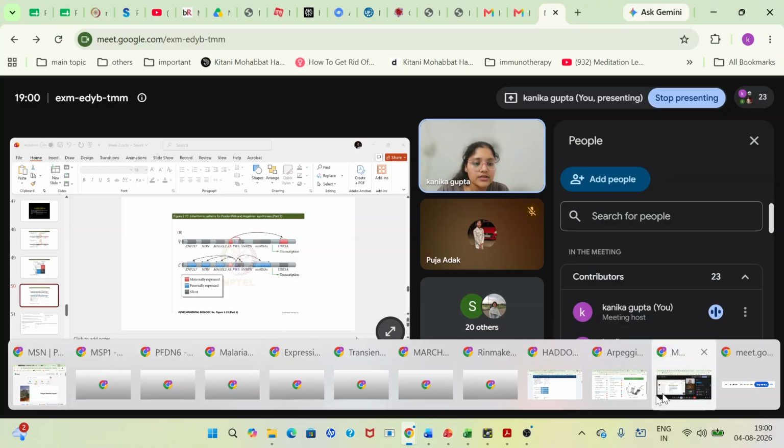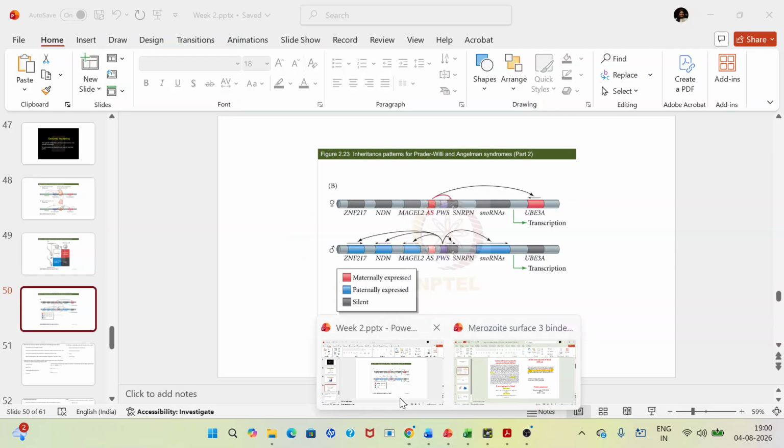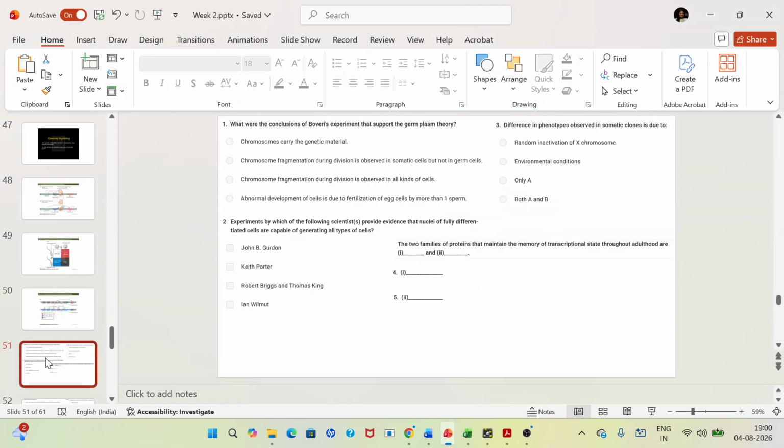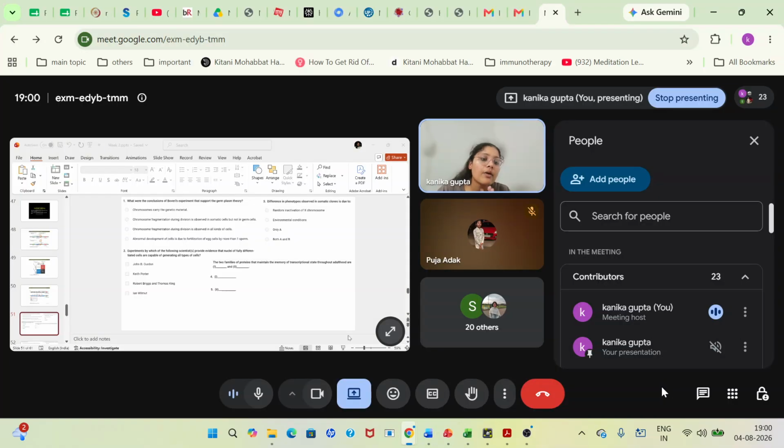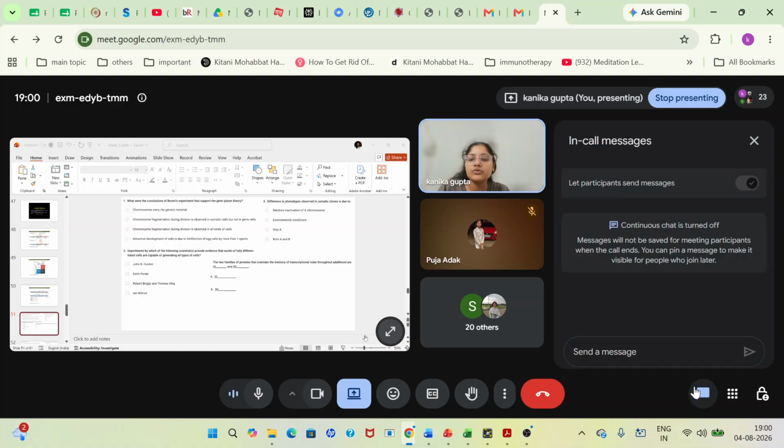Let's move towards the question answers of the assignment then. So guys, we'll proceed that way. Everyone will type their answers in the chat box for each of the questions when I ask. No one will speak out loud so that everyone can participate. I expect every one of you to type the answers in the chat box.